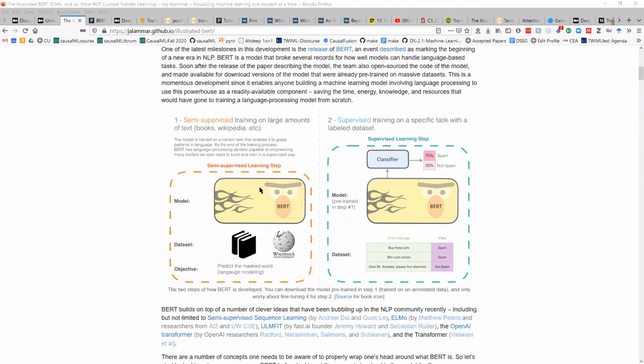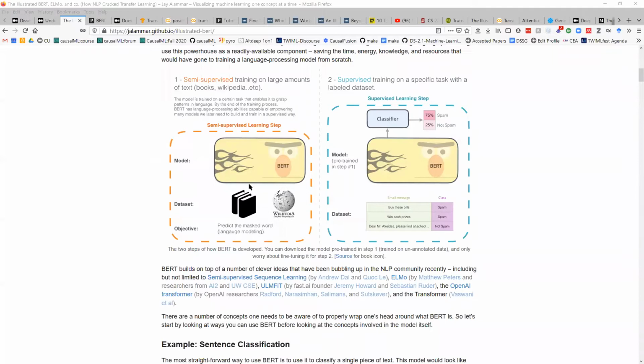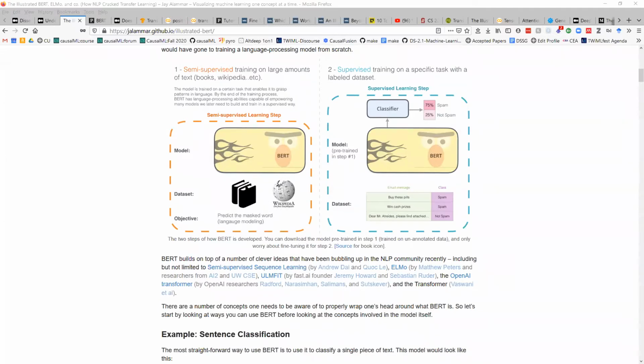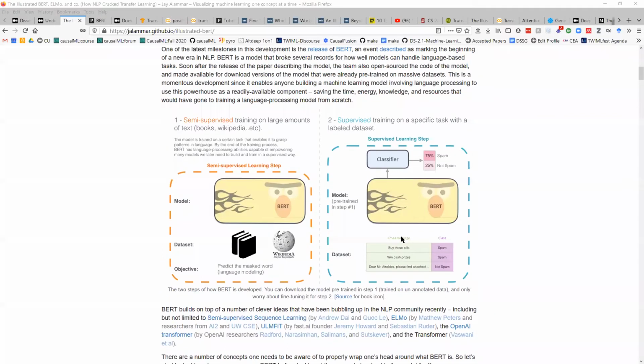First, it trains on large amounts of text, and it takes a tremendous amount of processing power to do this. But then you can download the pre-trained model from the left-hand side, and use it directly on your classification problem.